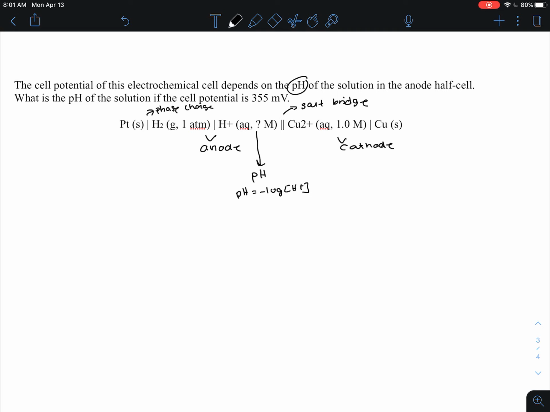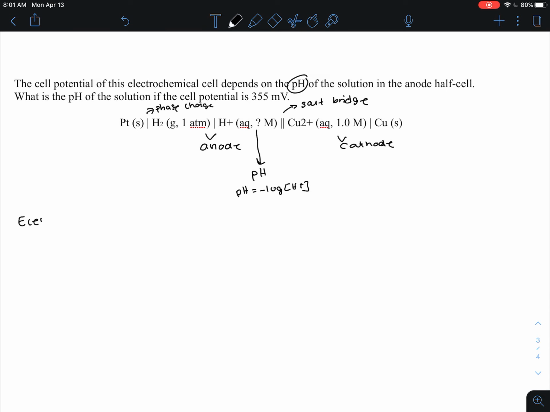So what I'm going to do is I want to figure out my pH. Well, if I want to figure out my pH, I need my hydrogen ion concentration.